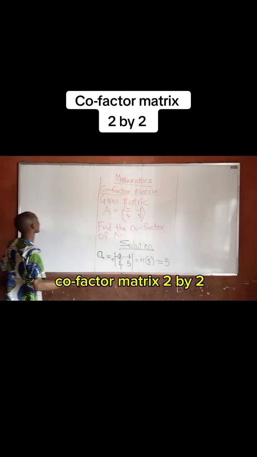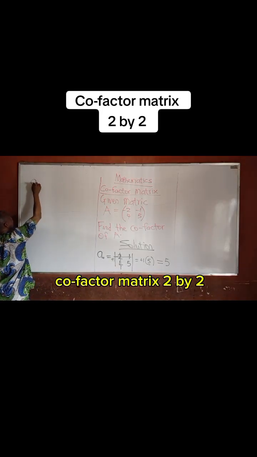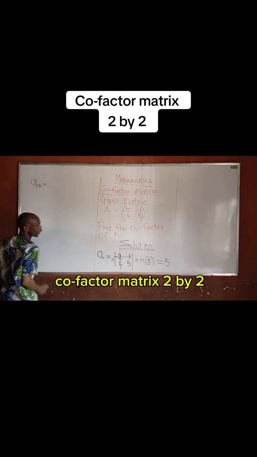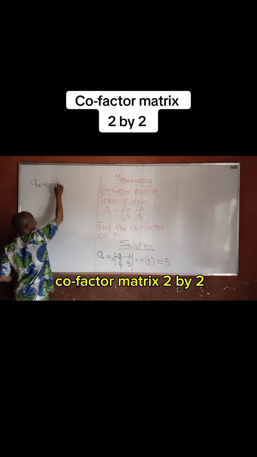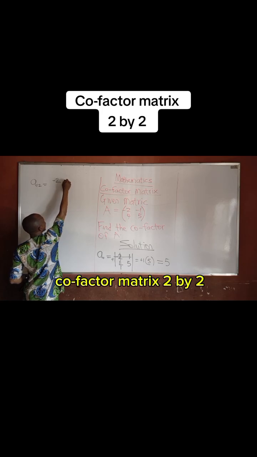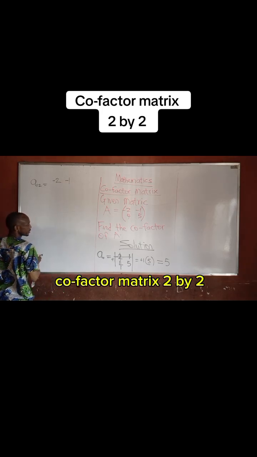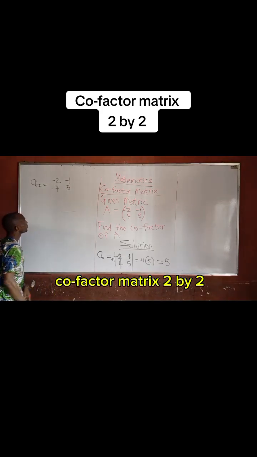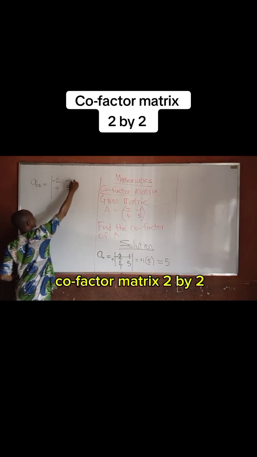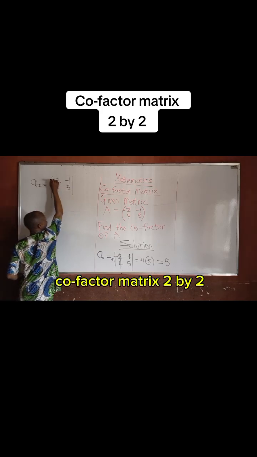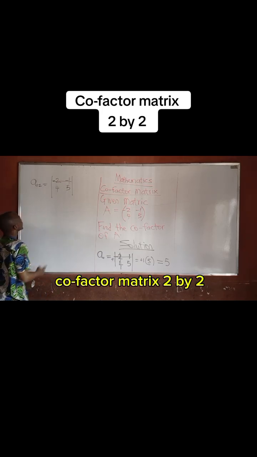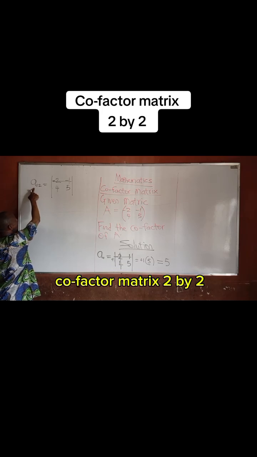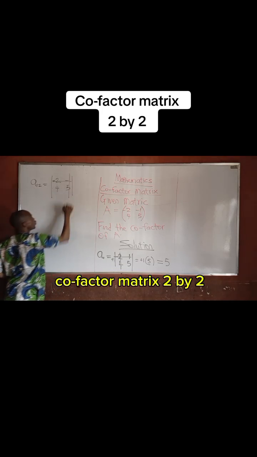We are going to go to the second one. A12. This time, what are we doing? Minus 2, minus 1, 4, and 5. So what we are doing in this, we are closing row 1 and column 2.